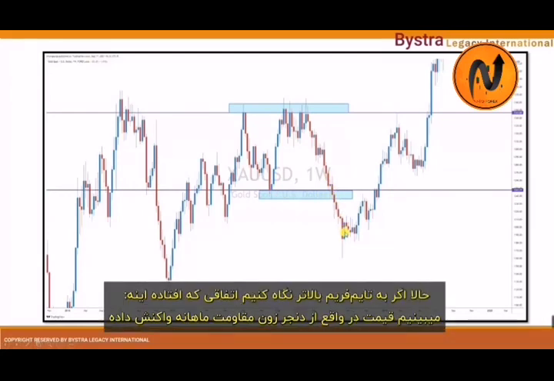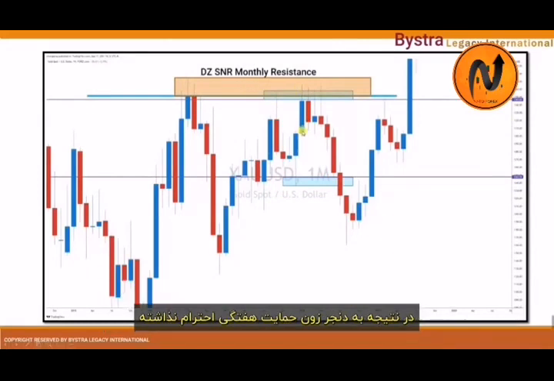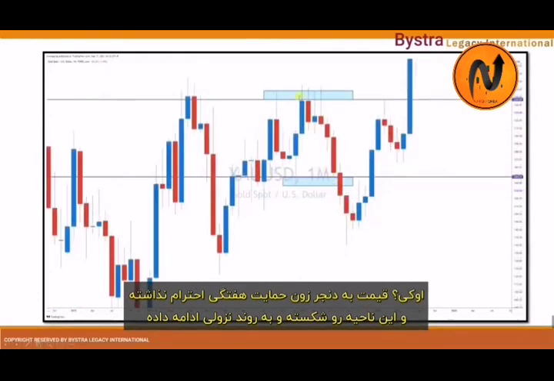Now, if we look at the higher time frame, what happened is this. We can see price actually reacted from the monthly danger zone resistance. Therefore, it does not respect the weekly time frame. It doesn't respect the danger zone support on the weekly, and it just continues the downtrend.